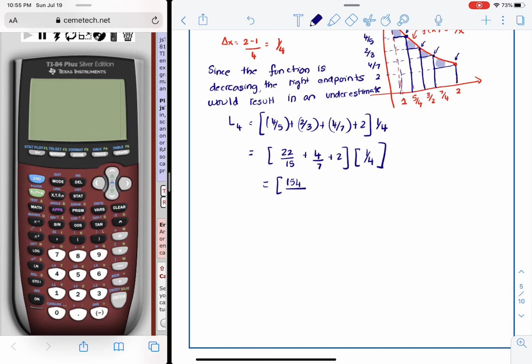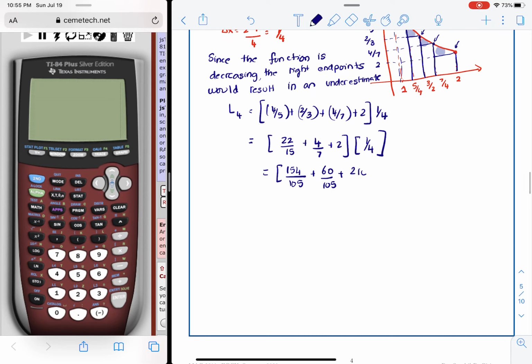154 over 105 plus 60 over 105 plus 210 divided by 105. I'm getting a common denominator here. 154, 60, 214.